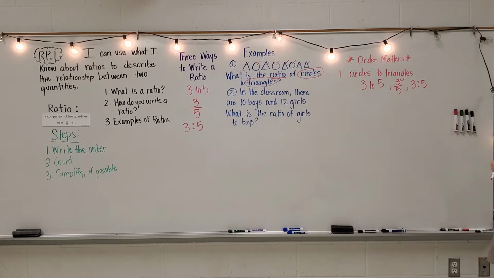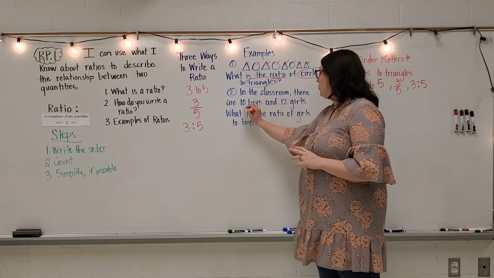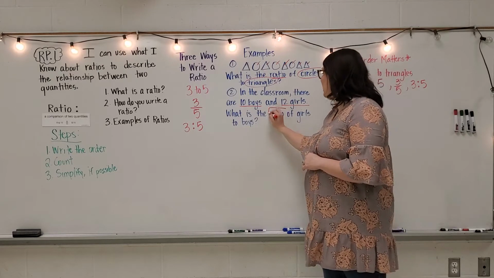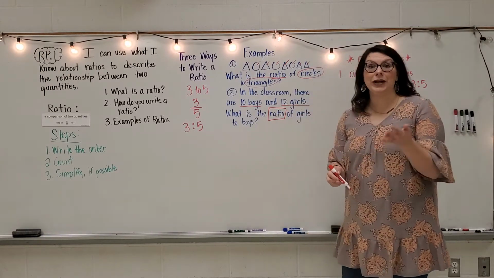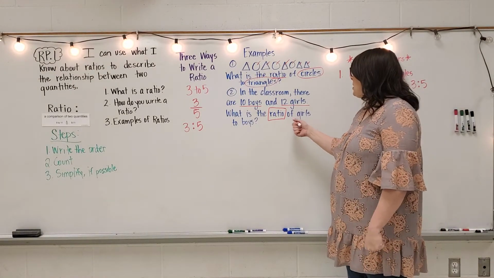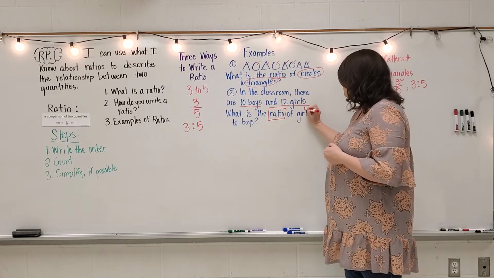Now, in our second example, it says in the classroom there are 10 boys and 12 girls. What is the ratio of girls to boys? Now, in this one, our order is already written out for us. So what I'm going to do is put my number on top. For girls, there are 12.